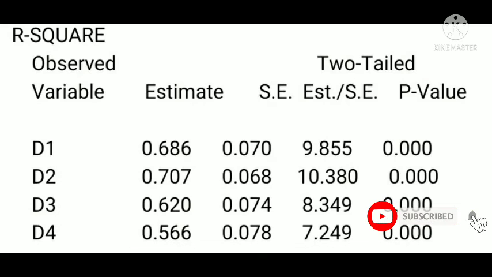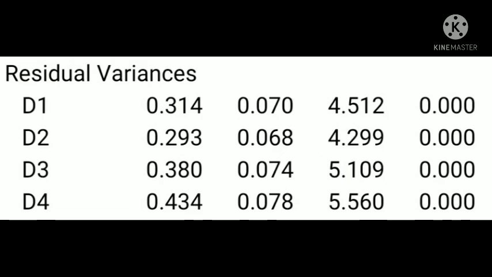For example, its value for D1 is 0.686, that is, its common variance is 68.6%.